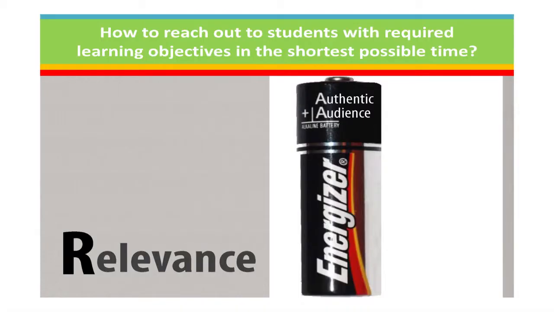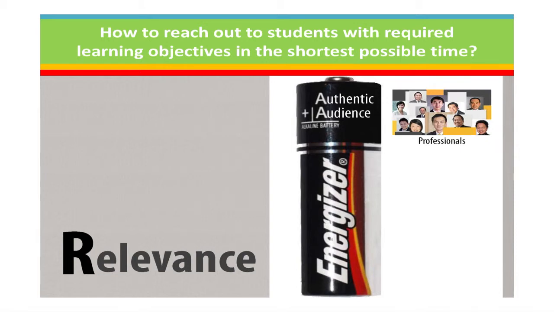Relevance. We like to empower them, energize them. So I call it AA: Authentic audience, like AA battery. Professionals: when we post, let's say you are doing some designs, you can post pictures on Instagram.